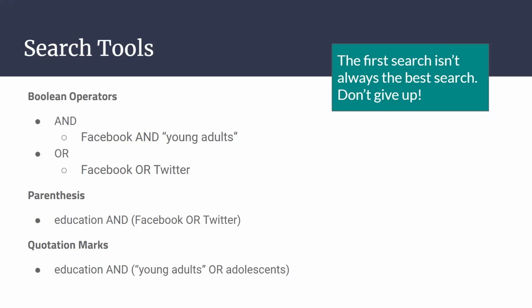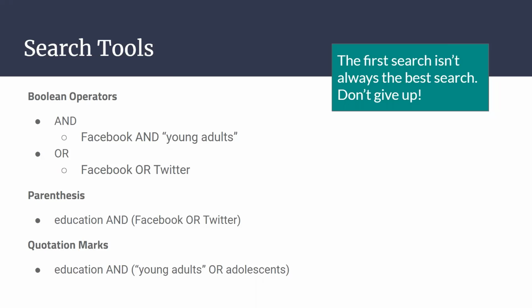And and or are going to be your safest bets and still bring in the information that you want. So and narrows a search a little bit. Facebook and young adults. So now all the results that we get are going to combine both Facebook and young adults. So those articles that we get will include both topics or both keywords.